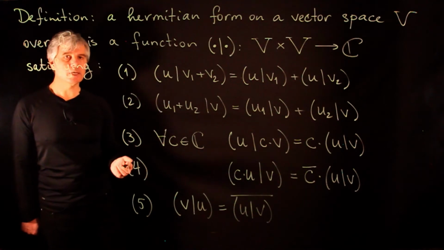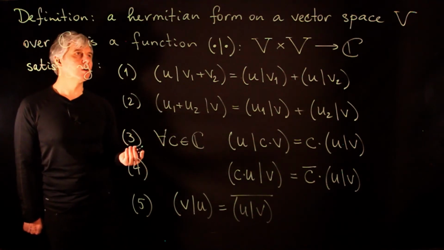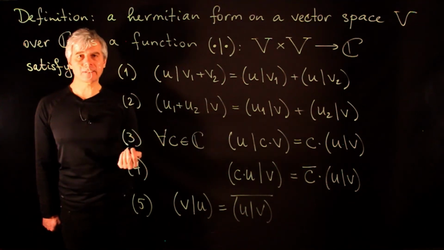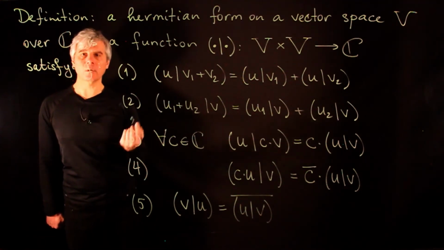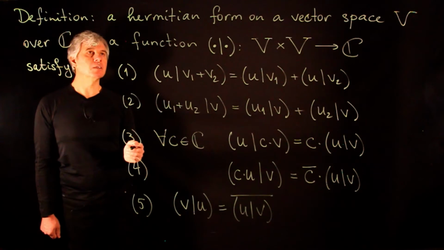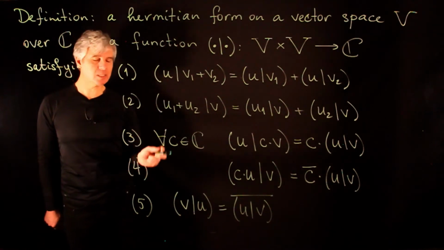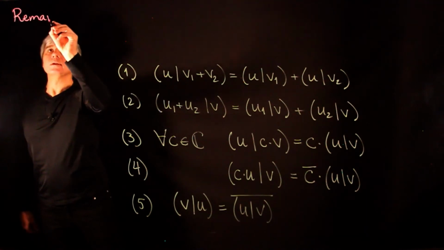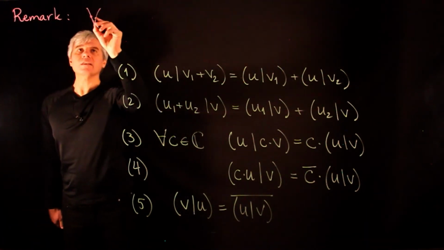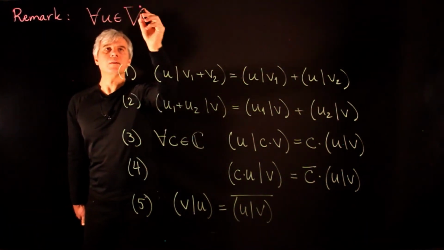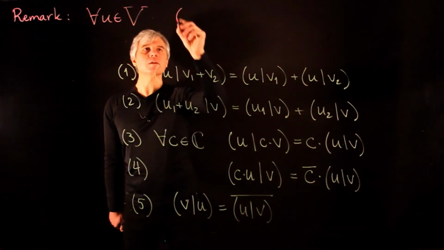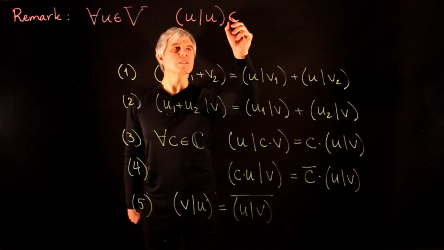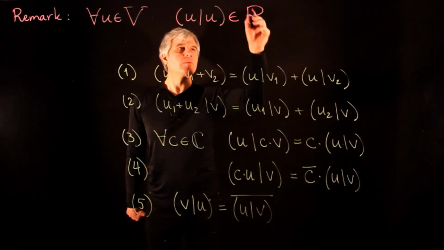We see that the notion of a Hermitian form generalizes the standard Hermitian product on Cn. And in particular, Hermitian forms are sesquilinear. We point out that for any vector u, the Hermitian form evaluated on (u, u) always assumes a real value.